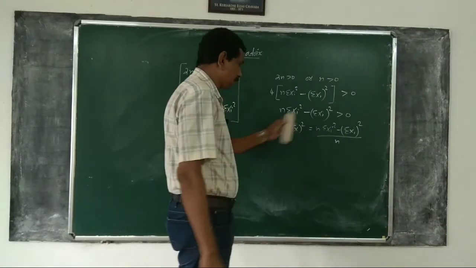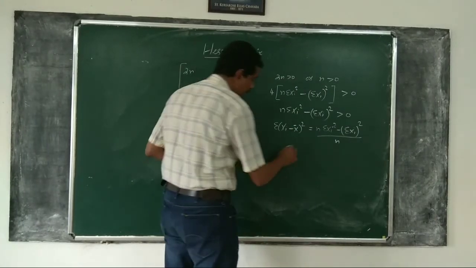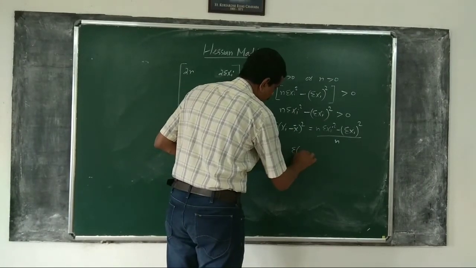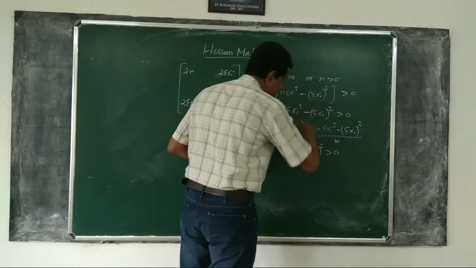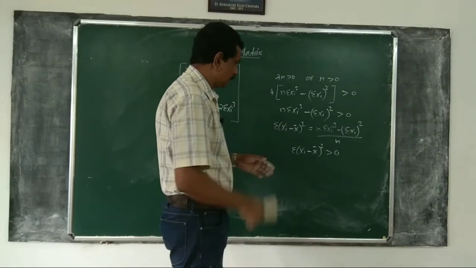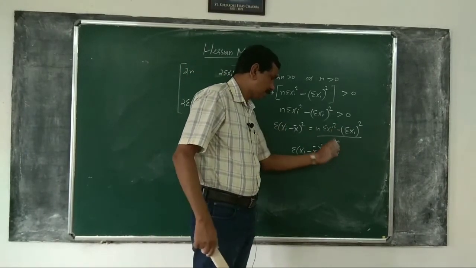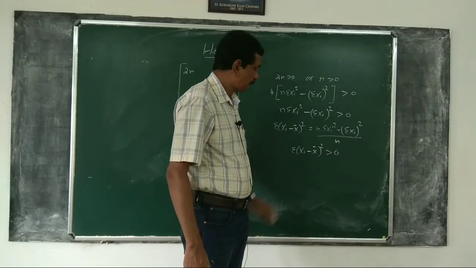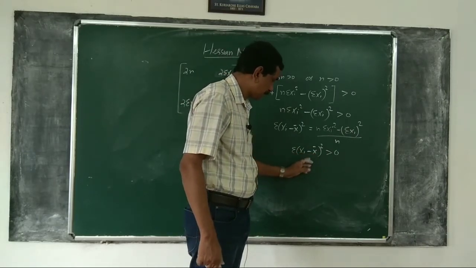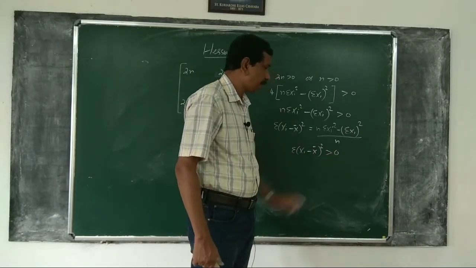So this condition boils down to sigma xi minus x bar square greater than 0. That is, this will not be 0 if the numerator is not equal to 0. So the second condition is sigma xi minus x bar square is greater than 0.